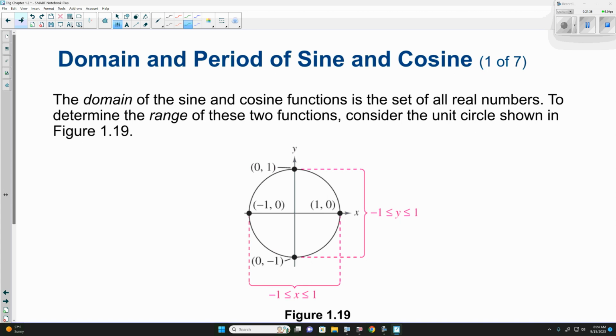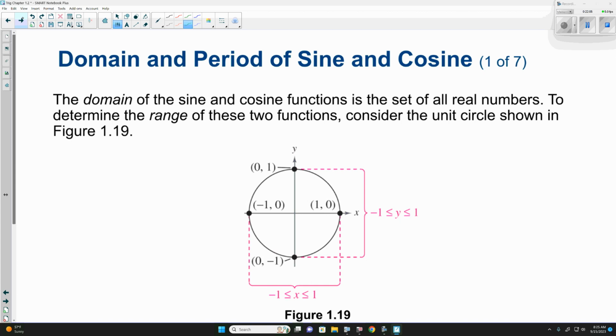Domain and period of sine and cosine. So the domain is between -1 and 1 for x, if we talk about the unit circle. So the x values that we plug in are really going to be restricted with these here.